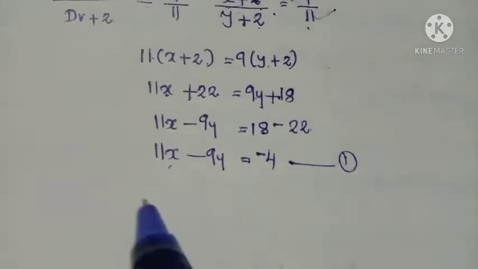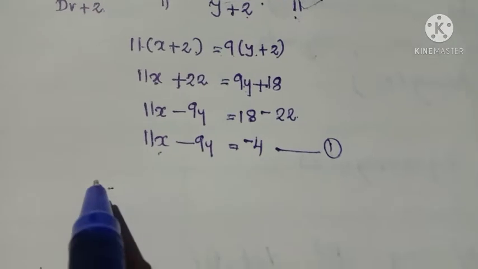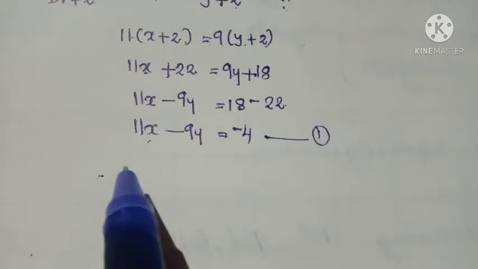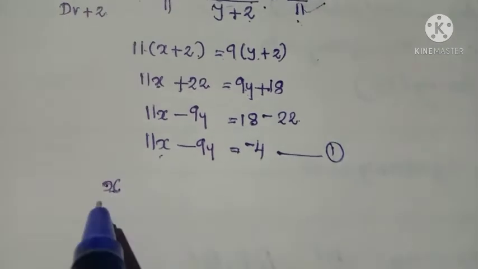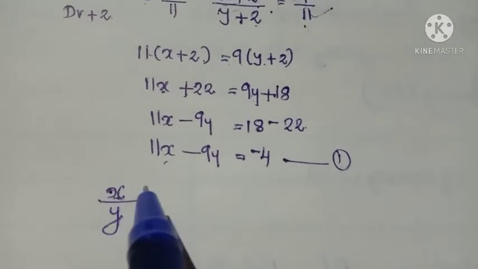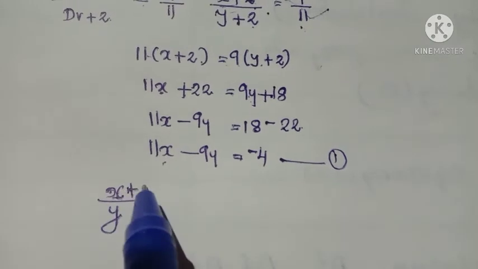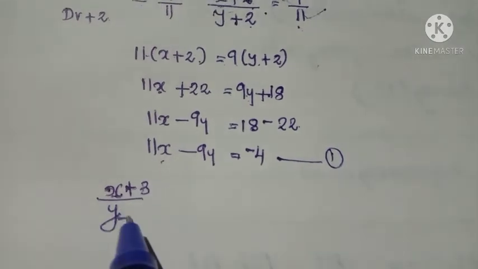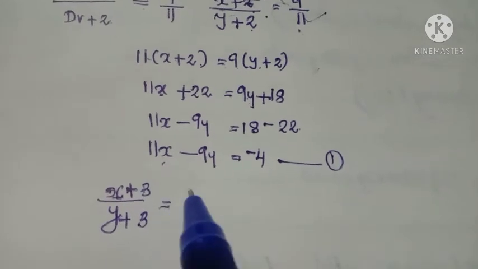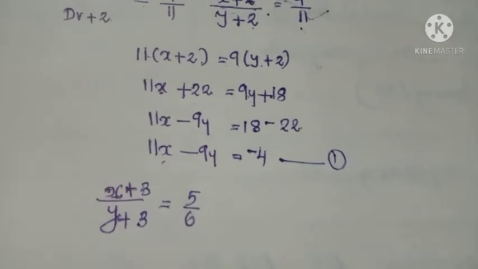Now listen, the second statement is if 3 is added to both the numerator and denominator. So numerator is x, denominator is y. We are adding 3 to both the numerator and denominator. The fraction becomes 5 by 6.